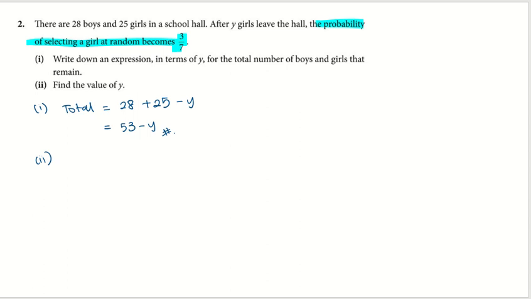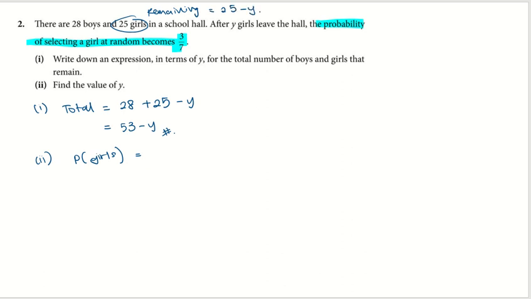So let's express this in terms of y for the probability first. If initially I have 25 girls and y girls left, the remaining girls will be 25 minus y, right? Because y girls left the hall.